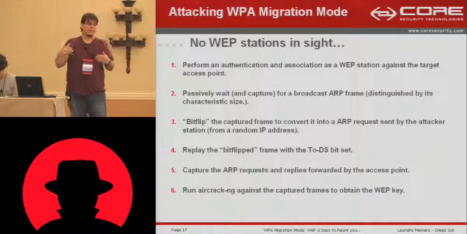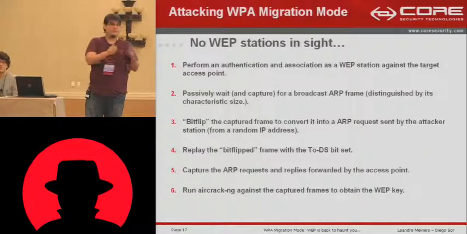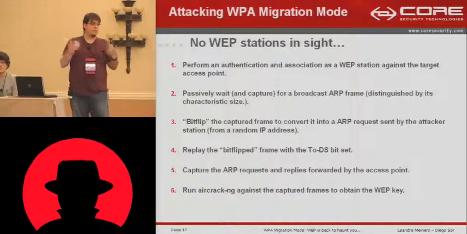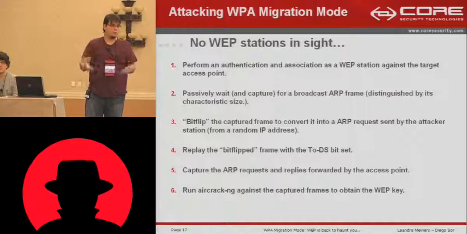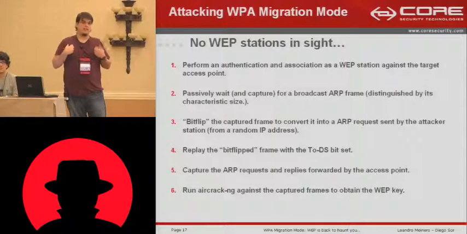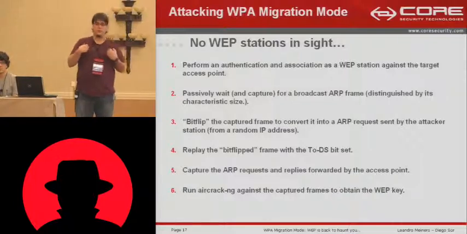So we can calculate a mask that, even though we don't know the specific contents of the frame, we can apply to the frame to obtain a new frame which is also WEP encrypted and valid, but is an ARP frame as if we had sent it from our MAC address.